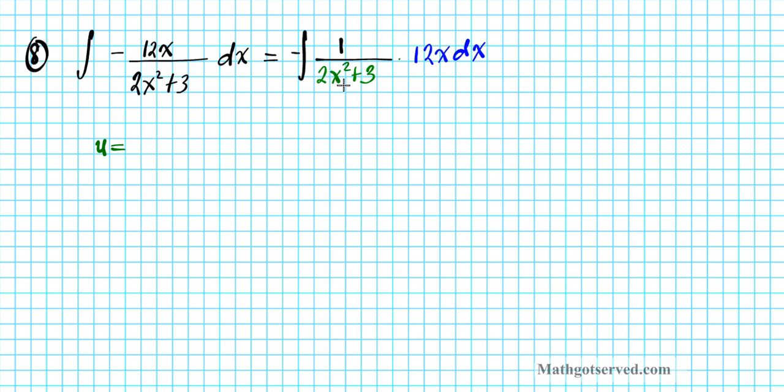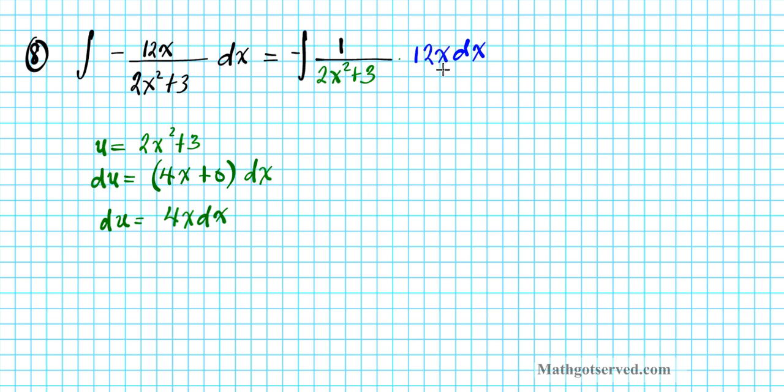U, the inner function of the composite function here, is 2x squared plus 3. All right, if you differentiate that, du is going to become 4x plus 0 dx, right? So we have du is 4x dx. Now, are we ready to substitute? The answer is no. Why not?